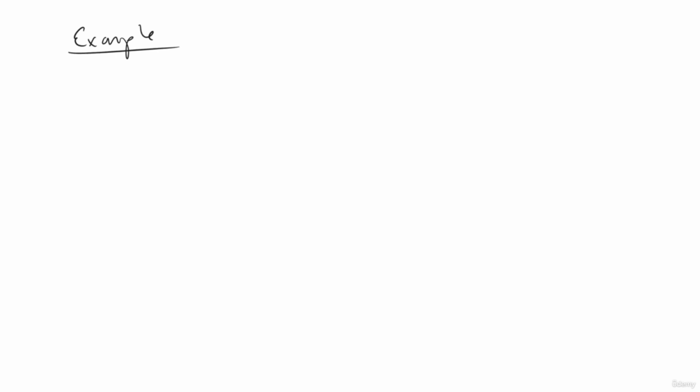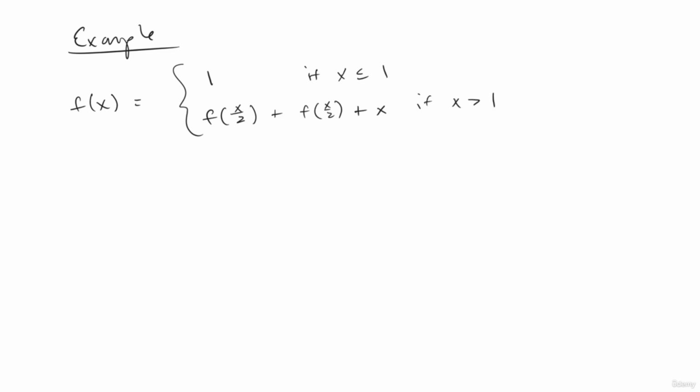Okay, and so this is a recursive function, and f of x is going to be equal to 1. This is our base case. If, let me write this out a little bit further, if the input is less than or equal to 1, else it's going to be equal to f of x over 2 plus f of x over 2 plus just x if x is greater than 1.